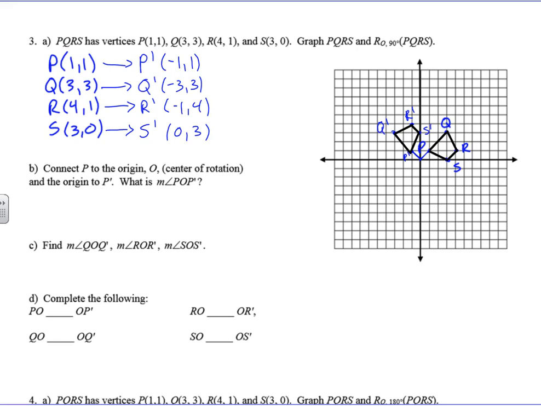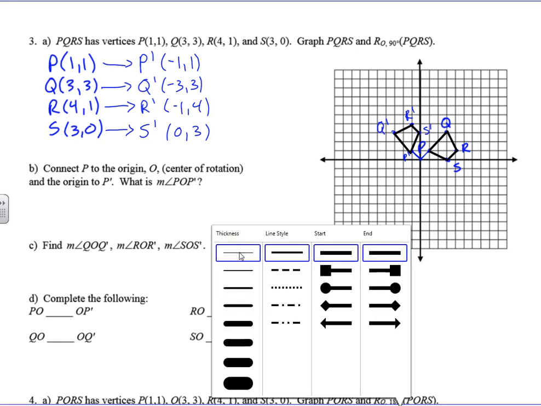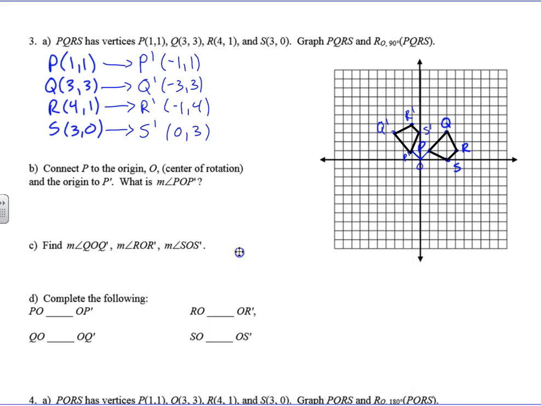So it's got some questions just to think about and to help you solidify some of these ideas. So connect P to the origin and P prime. I did that before. What is the measure of that angle P-O-P prime? It's this angle right here. Well, that's the angle of rotation. So that's a 90-degree angle.